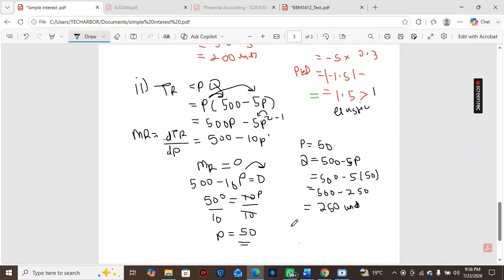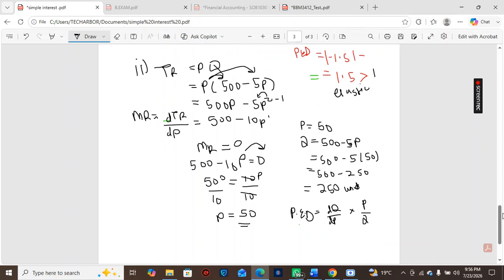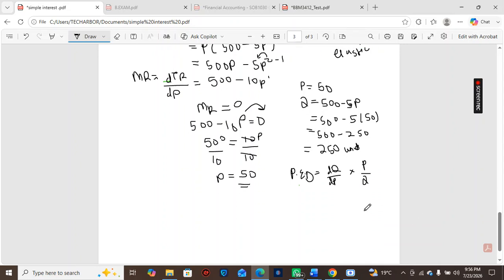So remember the formula, PED equals the derivative of the demand function with respect to P, multiplied by price over quantity. The derivative, we already have it for the demand function, colleagues.